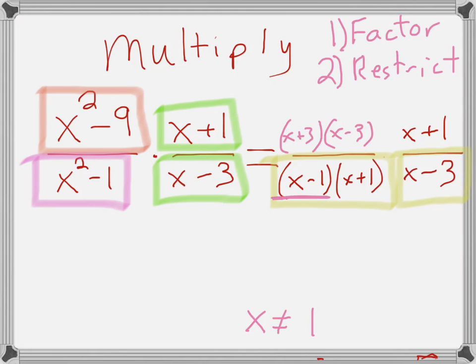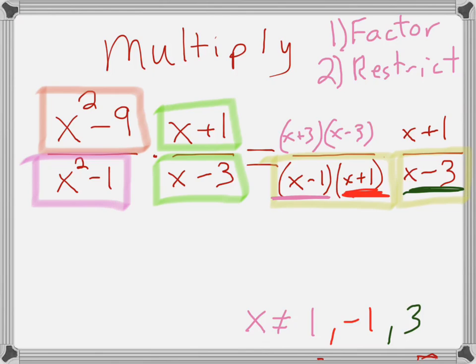That's from that first term. x cannot be negative 1, that is from x plus 1, and x cannot be 3 because of the third denominator, the third factor in the denominator. If you don't believe me, plug in 1 for x in this expression and see if your calculator likes it or not.